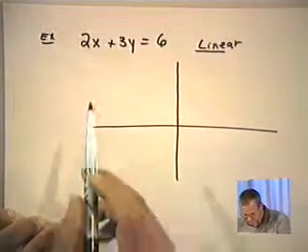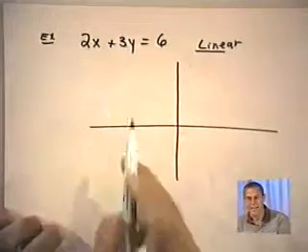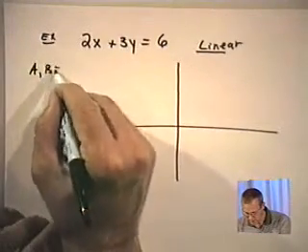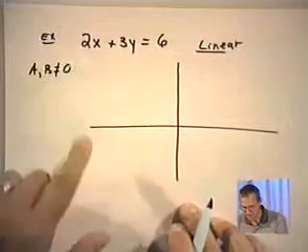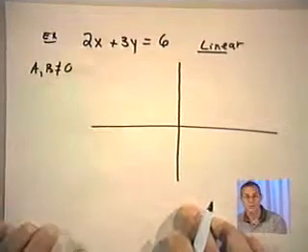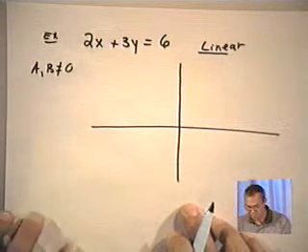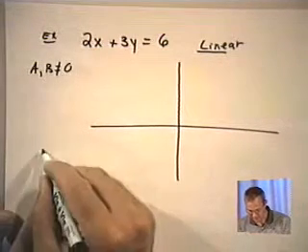Now, every single line such that our a and b are not equal to 0 must have what's called an x-intercept and a y-intercept.